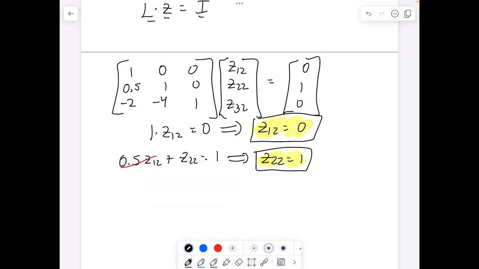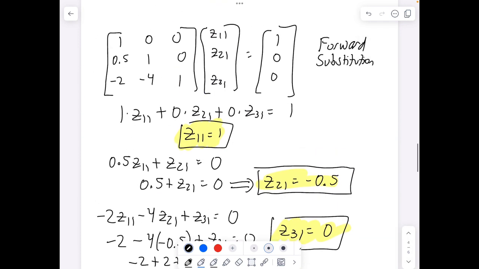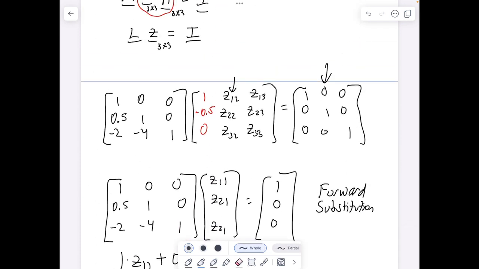Last equation says that negative 2 Z12 minus 4 Z22 plus Z32 is equal to 0. We know that Z12 is 0, so that goes away. We have negative 4 times 1 plus Z32 is 0, which says that Z32 is equal to 4. So 0, 1, 4 is that column, so let's come back up to here, and we'll erase this. This is going to be 0, 1, 4.